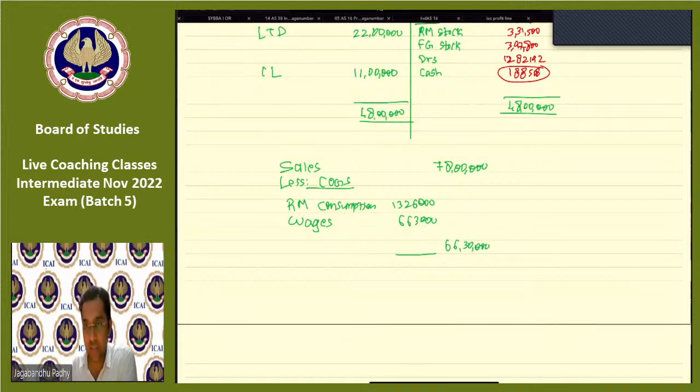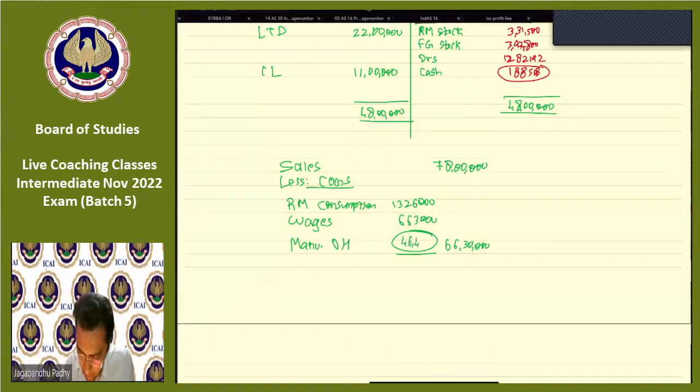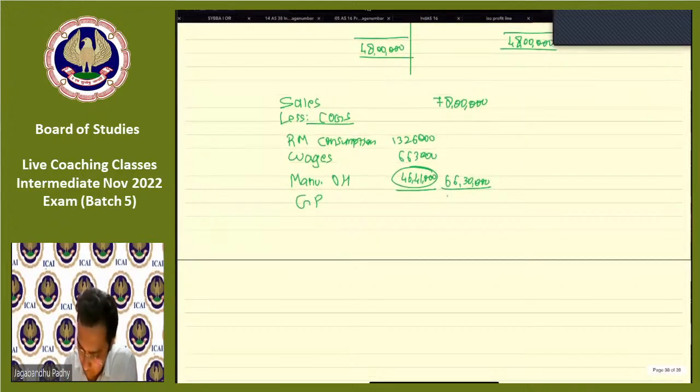So raw material, wages, and obviously whatever is balancing, that is probably some manufacturing overheads. You can say manufacturing overheads will be 66,30,000 minus 13,26,000 minus 6,63,000. So overheads is 46,41,000. And subtracting that, we will have a gross profit 11,70,000.